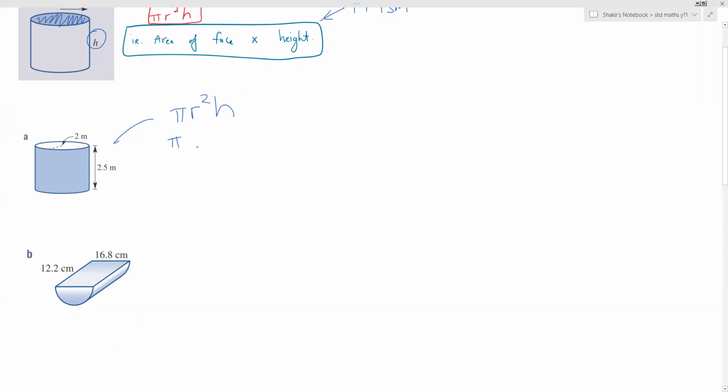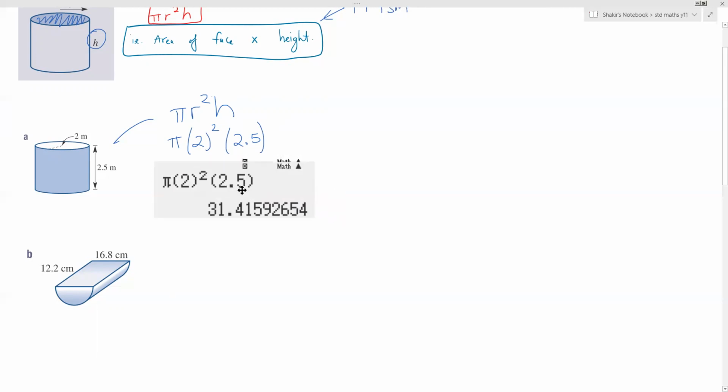Pi times the radius, which is 2 here, squared, multiplied by the height, which is 2.5. Now, that's if you just want to blindly apply the formula. You put that on a calculator and you'll get the answer. I'll do that real quick. So if you had shift pi multiplied by 2 squared multiplied by 2.5, the answer will be that.